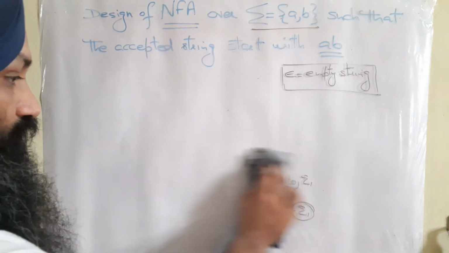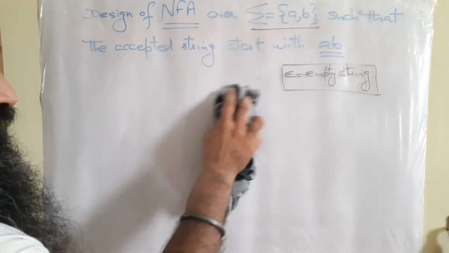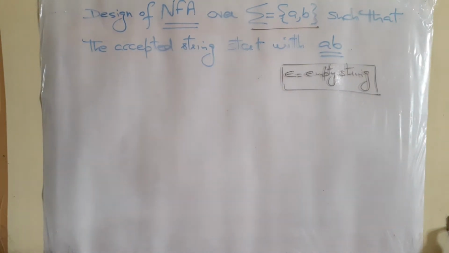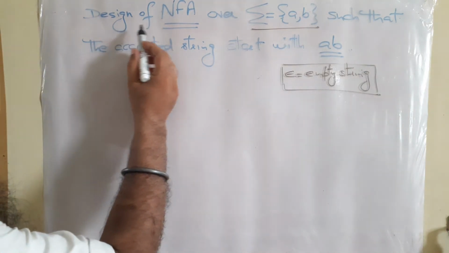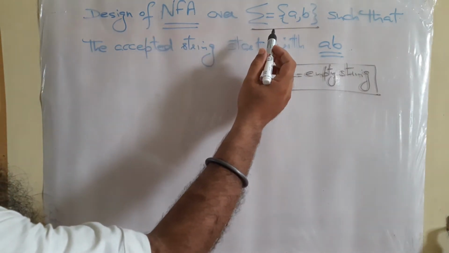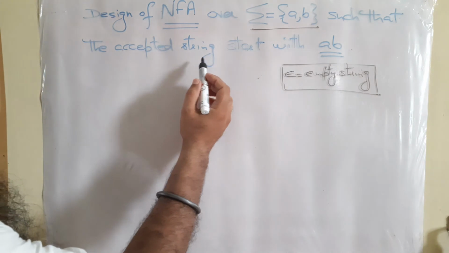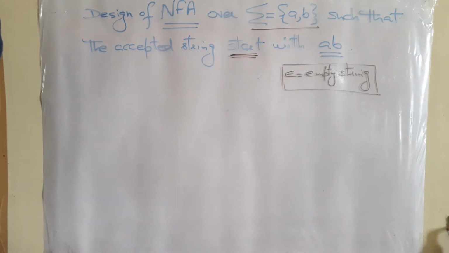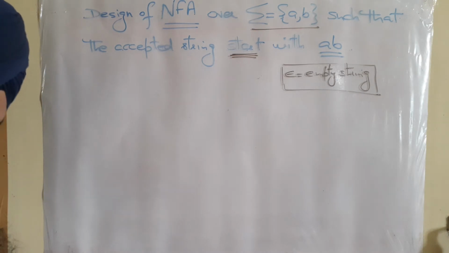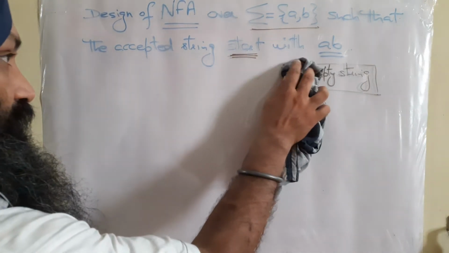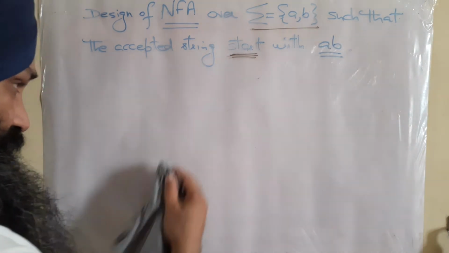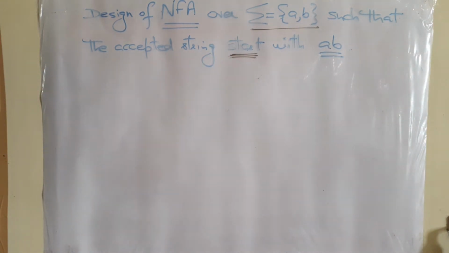Now let's do some examples related to NFA. As per this question, design an NFA over sigma {a, b} such that the accepted strings start with ab. When a start condition is there, we know from DFA that we also have a dead state in the diagram.